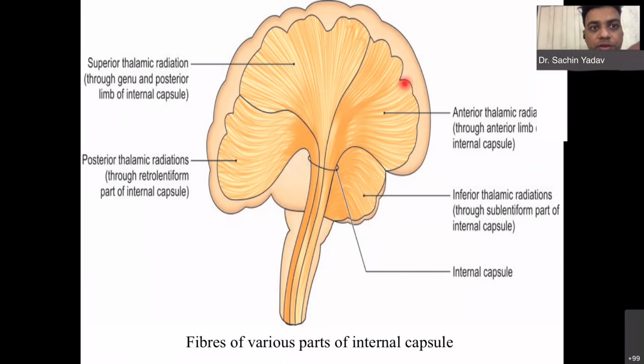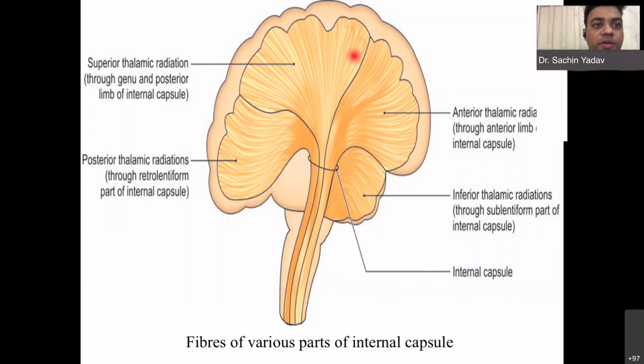The anterior thalamic radiation goes through the anterior limb of the internal capsule. The inferior thalamic radiation goes to the temporal lobe through the sublentiform part of the internal capsule. The posterior thalamic radiation goes toward the occipital lobe through the retrolentiform part of the internal capsule, and the superior thalamic radiation goes through the genu and the posterior limb of the internal capsule.